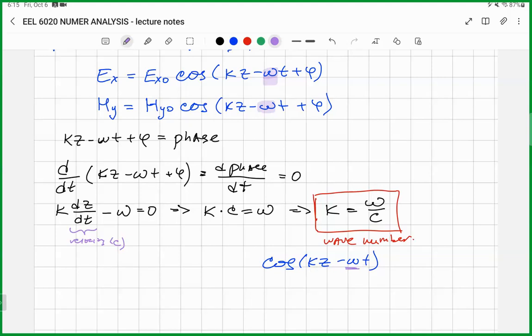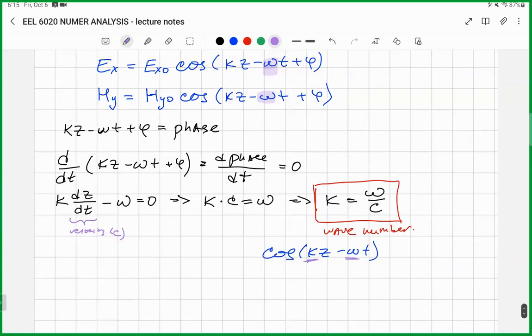Likewise, if I fix time but vary z, this k, this wave number, defines how fast the field changes in space. Okay, so I change the z, cosine is a harmonic function, so this k defines the rate of change of this harmonic function in space.